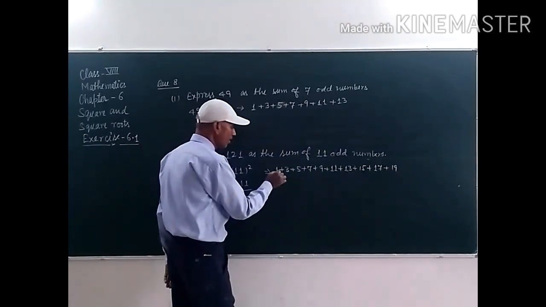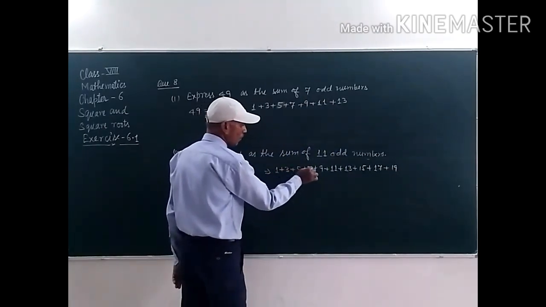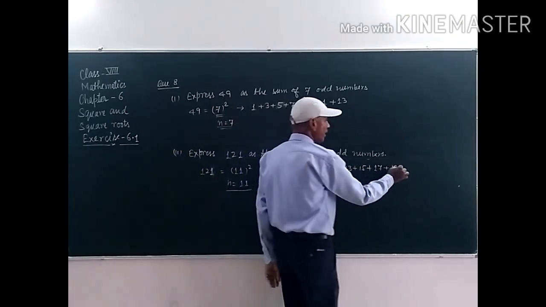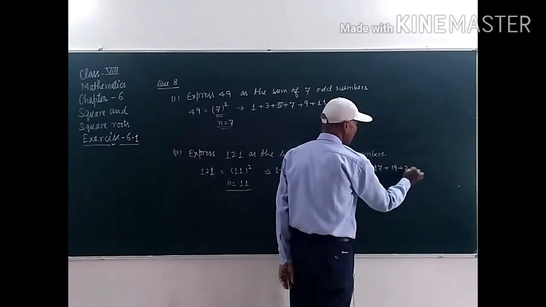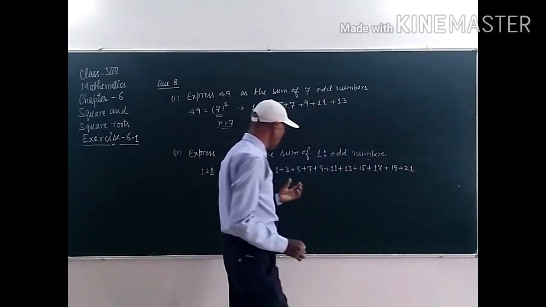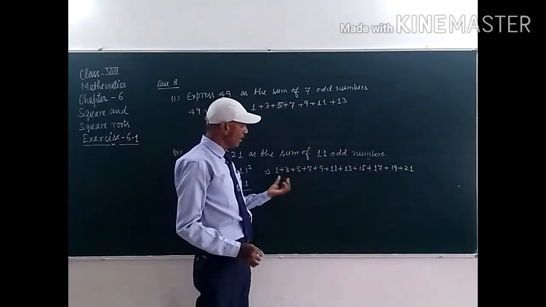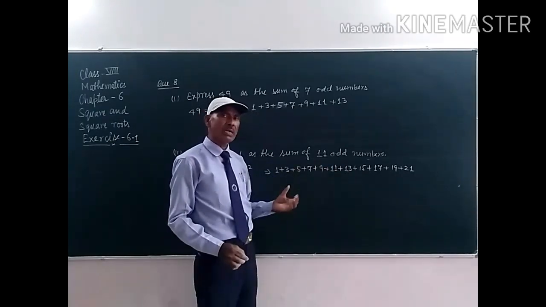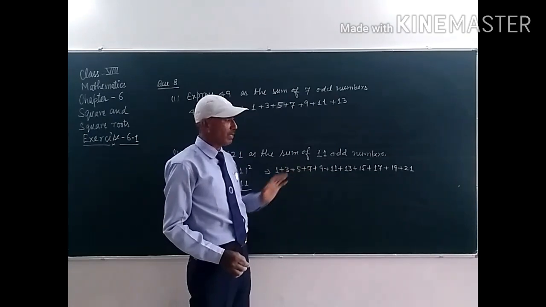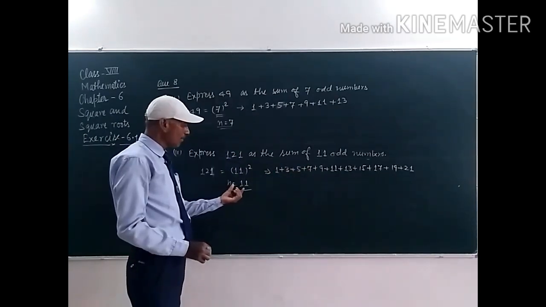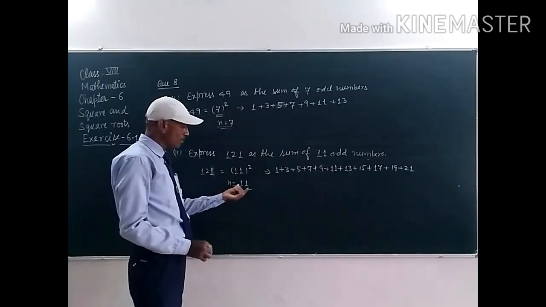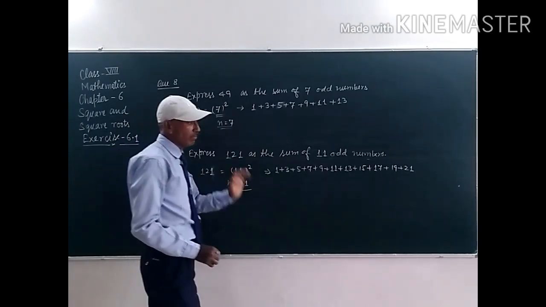How many numbers are there? 1, 2, 3, 4, 5, 6, 7, 8, 9, 10, and the 11th number is 21, student. Clear? So we have written the first 11 odd numbers, and the sum of these first 11 odd numbers will be 121, student, because the square of 11 is 121. So n square will be 121.